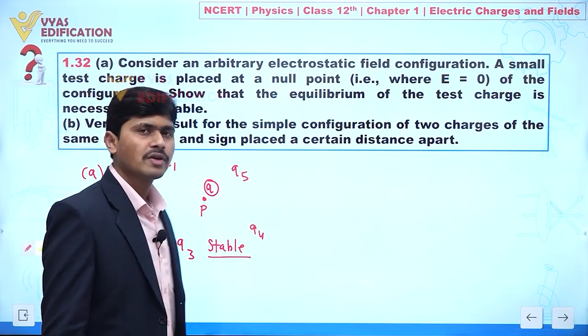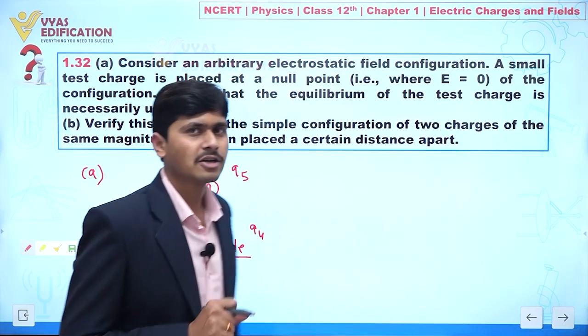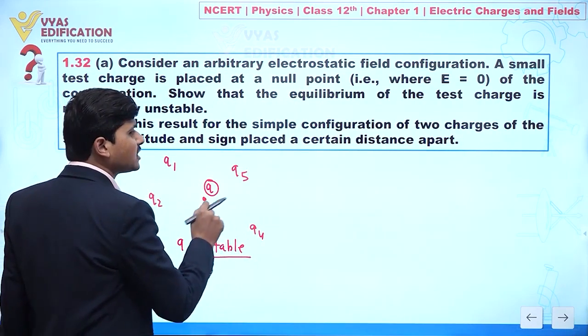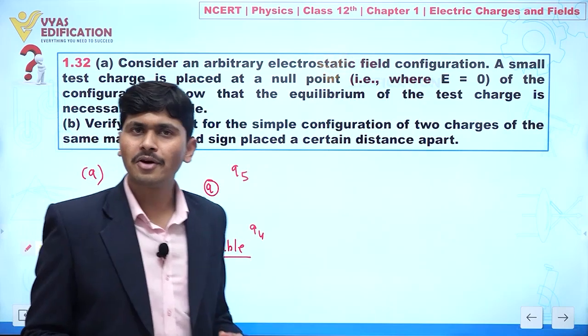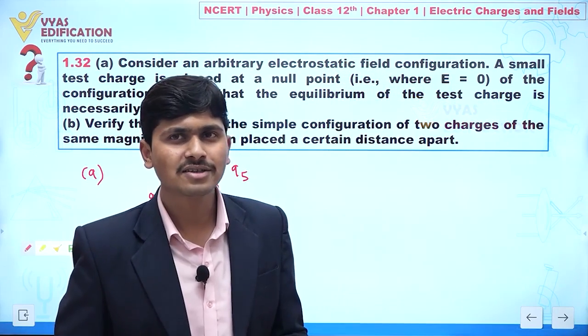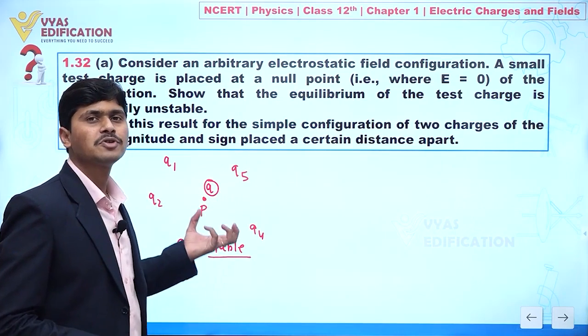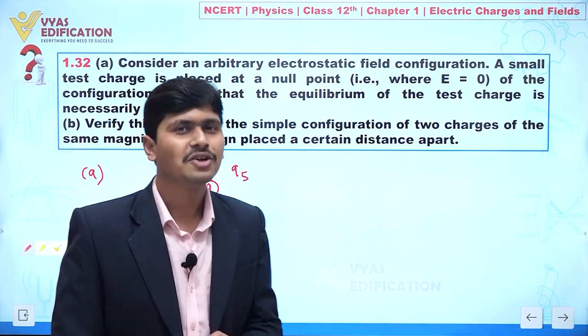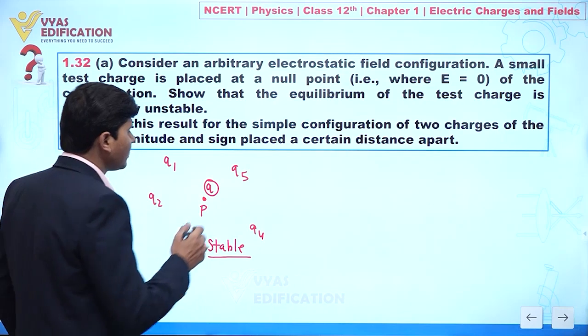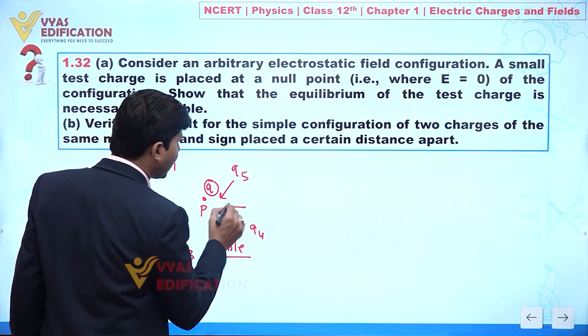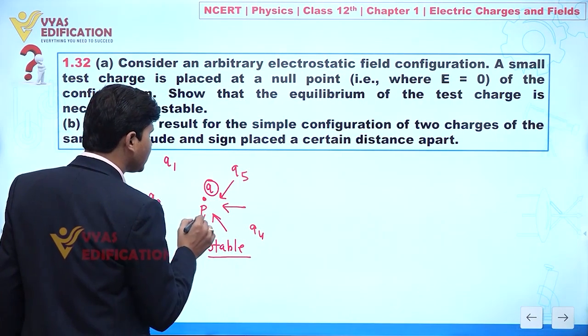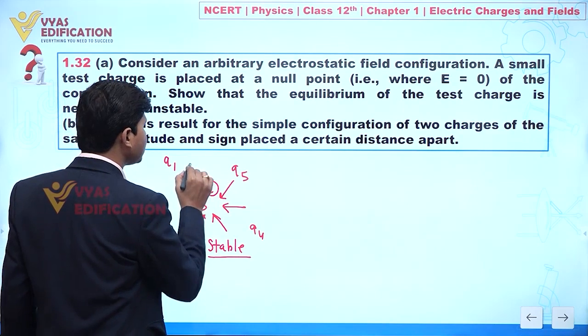So what is the condition for a stable equilibrium? If we displace this charge in any direction by a small amount, a restoring force will act on this charge, and the charge will try to come back to its original position at point P. Yes or no? Yes. It means the electric field on this charge will act in one direction, either inward or outward.